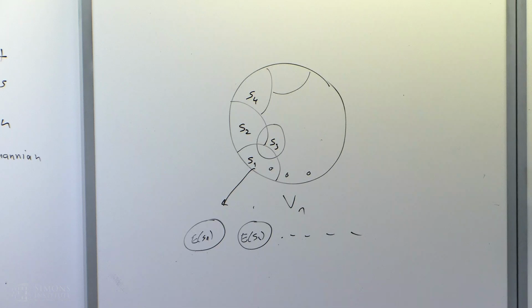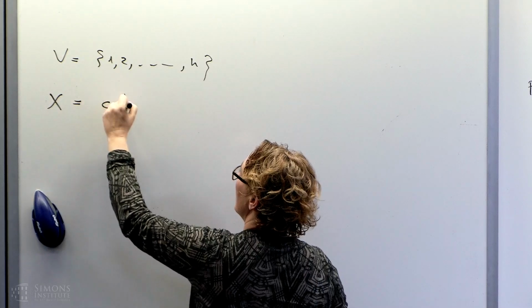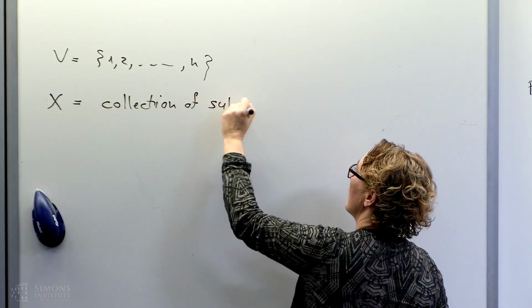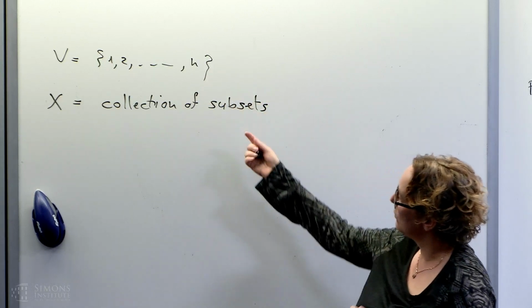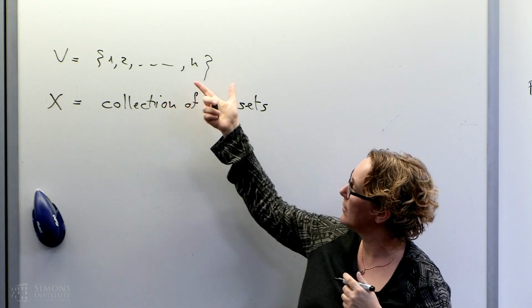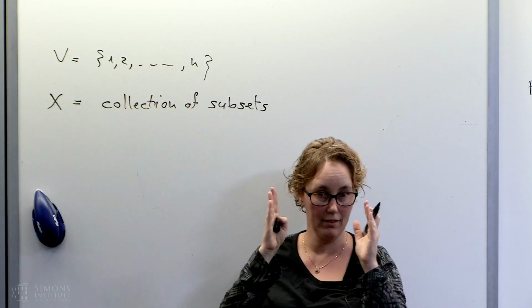So I have some universe. Okay, some finite set of vertices. It's this picture. And I have some collection of subsets. And how to think of this collection? So one possibility is to think of all possible subsets of n of size d.